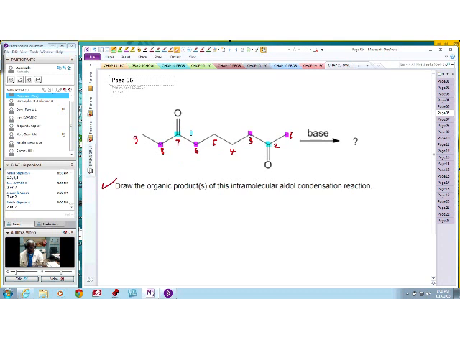If we want to use 8, that means you want to join 8 and 2. If you join 8 and 2, how many carbons are you going to have in the ring system? 7. So let us go ahead and draw a 7-member ring.